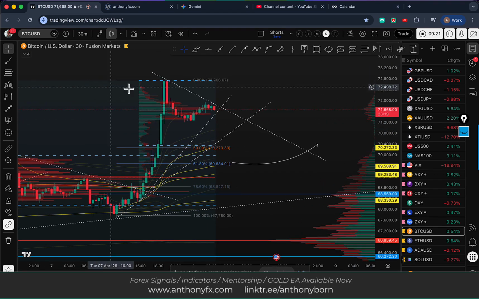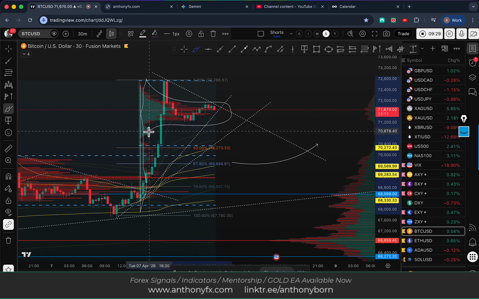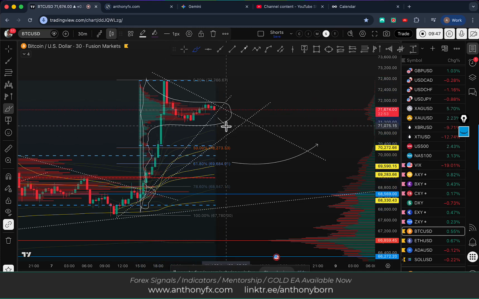Just look at the shape of it. It's in the shape of a P, and down here we've got very thin volume. So we've got this top heavy P-shaped volume profile, extremely thin liquidity.